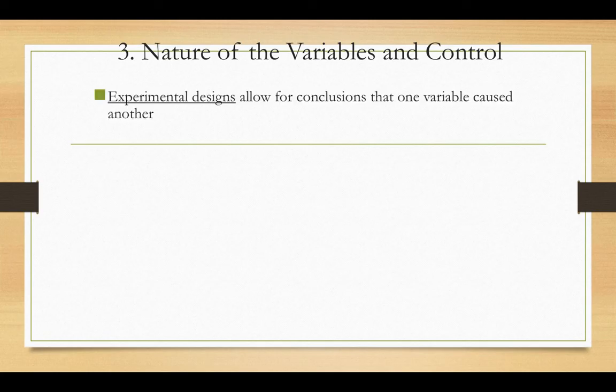So let's first look at experimental designs. The purpose of a true experimental research design is to allow us to draw conclusions that one variable caused another variable. In other words, my independent variable caused my dependent variable. So A causes B. I study for 4 hours, that causes me to have a 95 on my test.